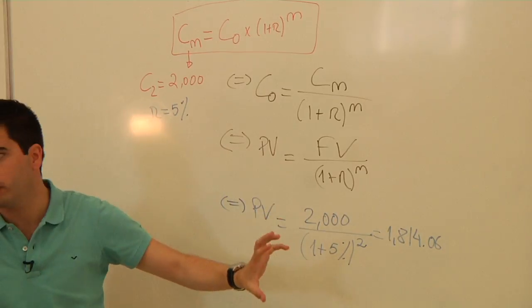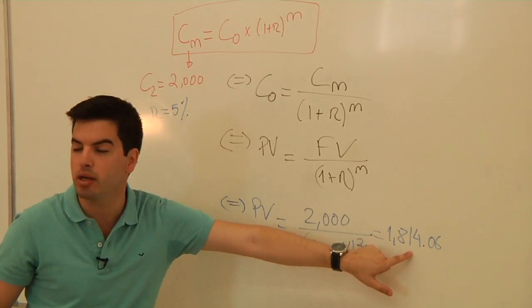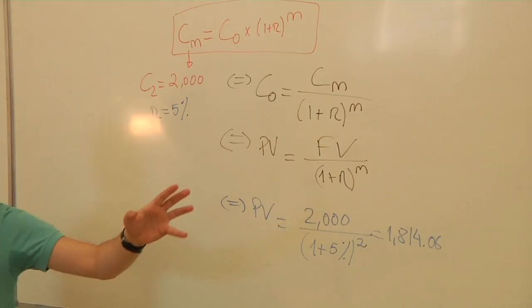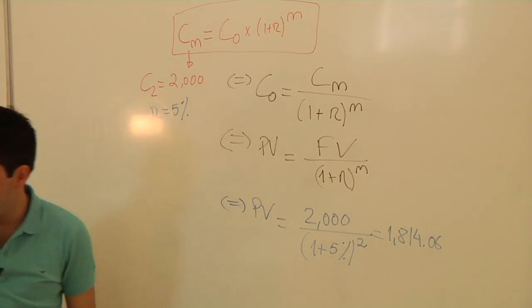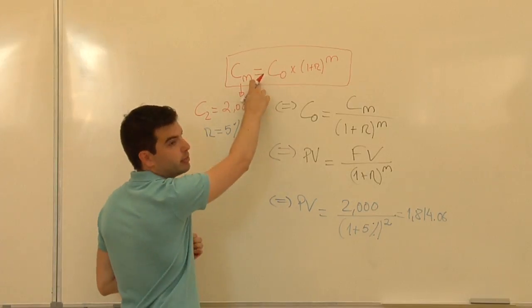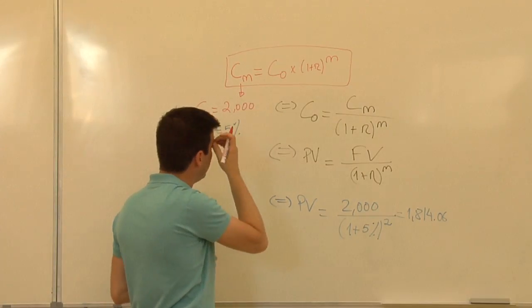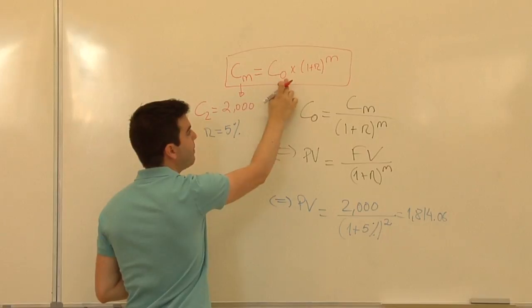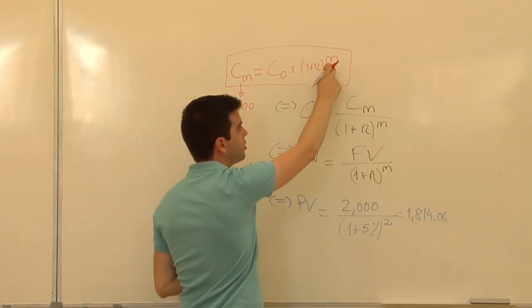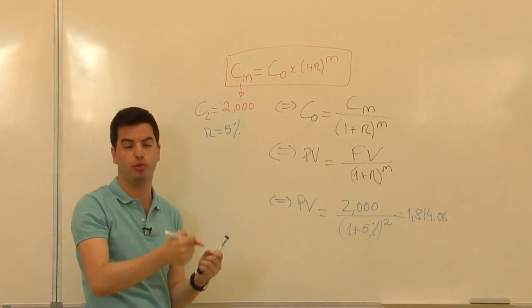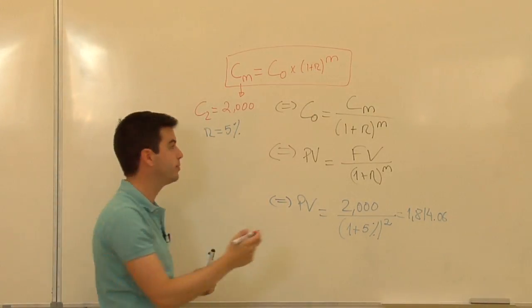You can confirm that if you have this amount today, we will have the 2,000 in 2 years. What do you have to do? Let's get back to this formula here. So we saw that once we have the initial capital, we compound with a certain interest rate over a certain amount of periods, and then we will have a future cash flow, the future capital.